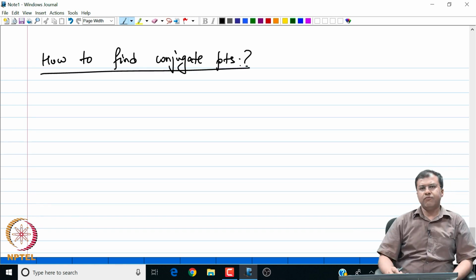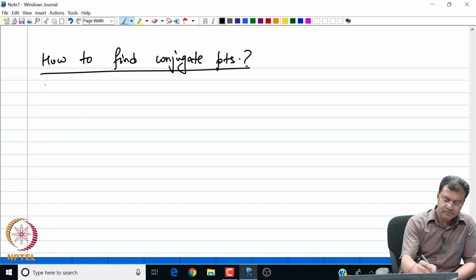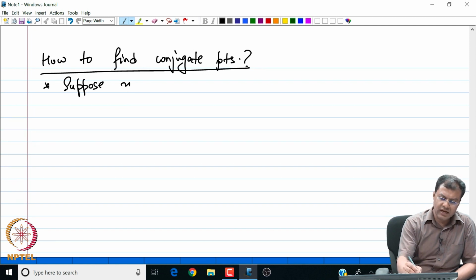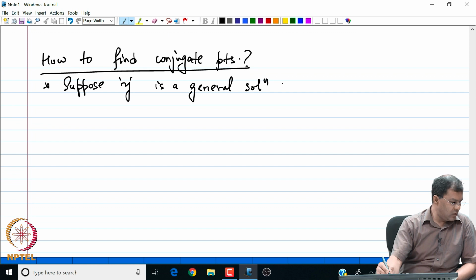So, we start with our solution y being an extremal, or the solution to the Euler-Lagrange equation. Suppose I have already evaluated the first variation and found that y is my extremal. So, y is a general solution to my Euler-Lagrange equation.